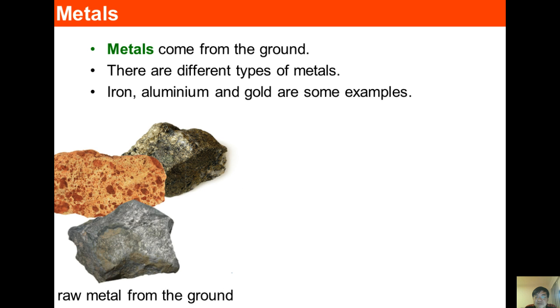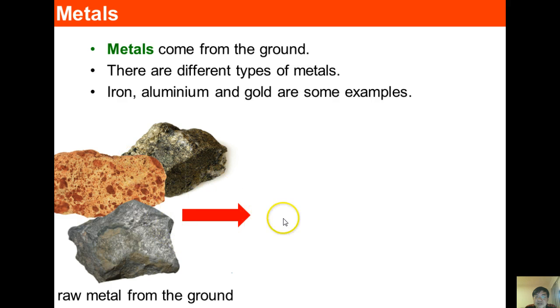Metals themselves also need to be processed. For example, they just came from the ground like this, rough and not properly cut, just like stones.